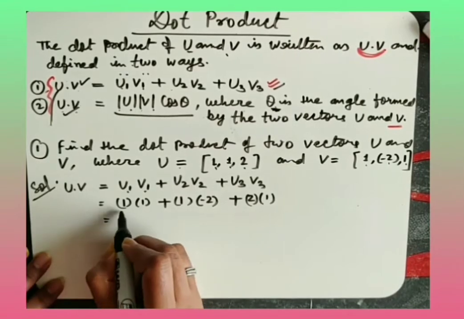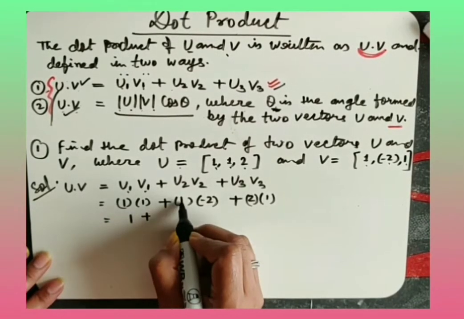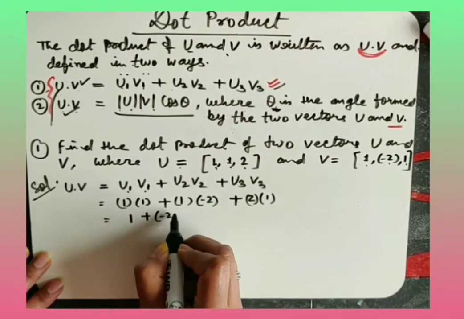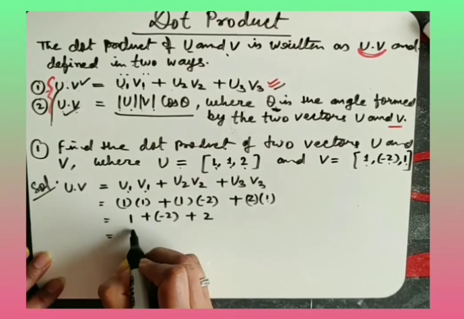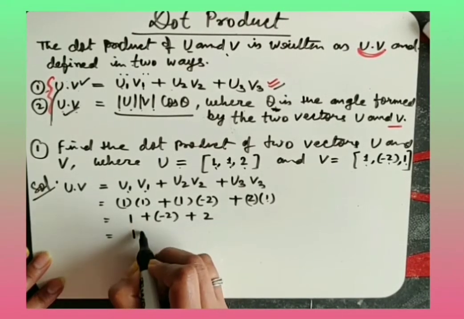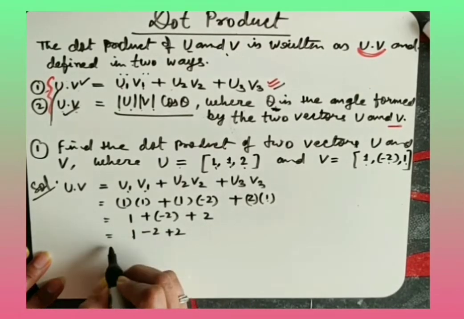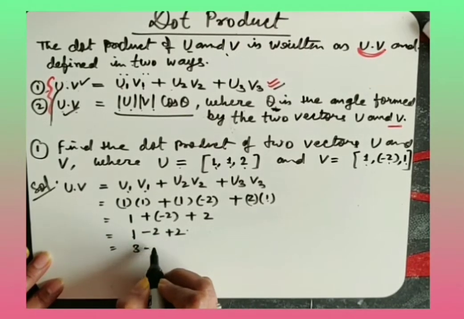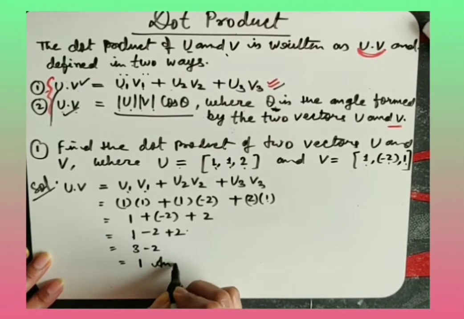Multiplying it out, 1 multiplied by 1 is 1, plus 1 multiplied by minus 2 is minus 2, and plus 2 multiplied by 1 is 2. So here it will be 1 plus minus 2 and then plus 2. Then 1 plus 2 is 3, and minus 2 equals 1. The dot product of u and v is 1.